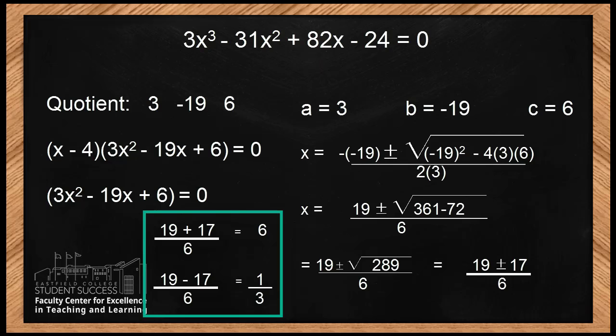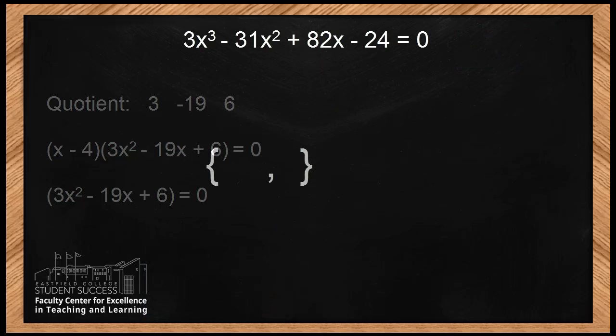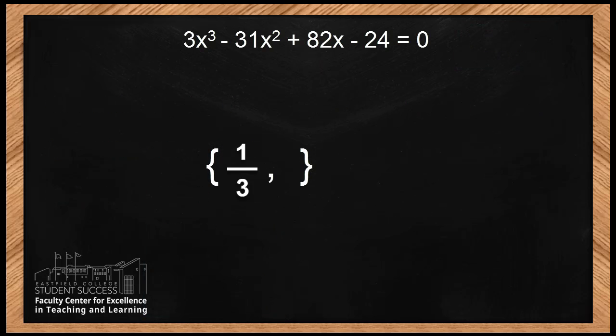We also have x equals 4. So what we really have is we now found our 3 zeros. We found the answer to the problem, but what's more important, we found 3 places on the graph where the function crosses the x-axis. Let's write them in the solution set. They are 1/3, 4, and 6. And we're done with the problem.